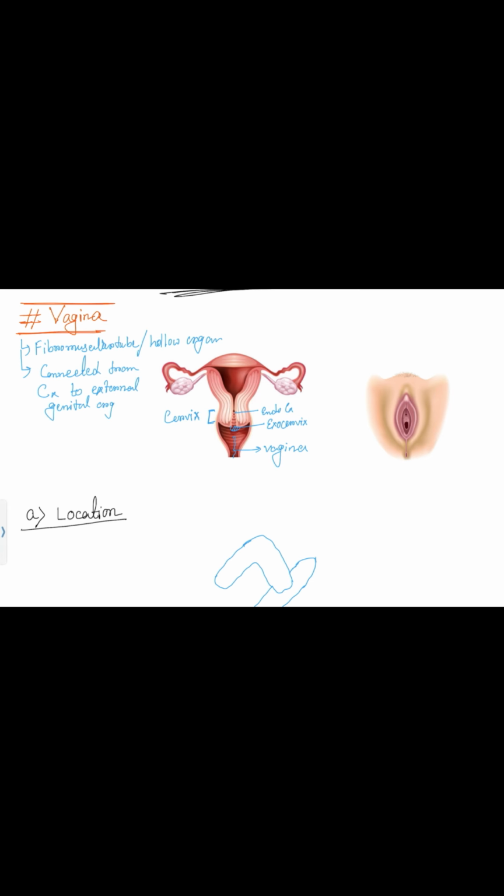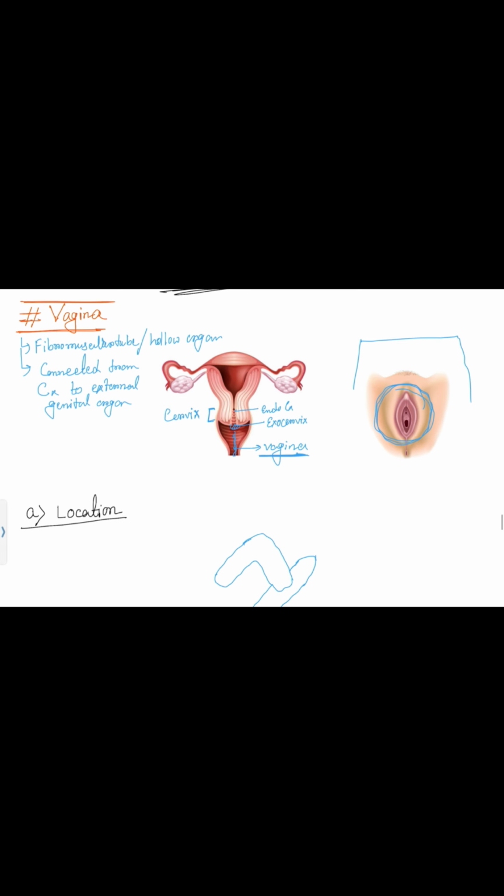Why I kept this picture here: because the vagina is an inside portion, you can't visualize it from outside. The vagina starts from this region till the external genital organ, which you can visualize from outside.